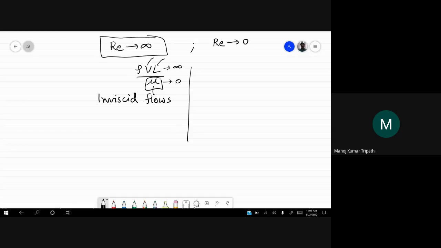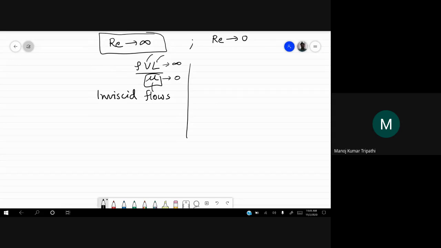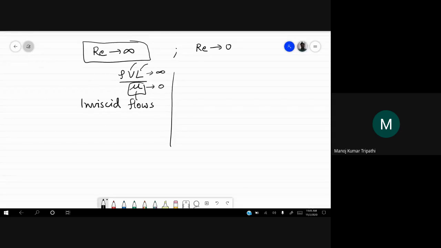Inviscid means non-viscous, which have zero viscosity essentially. Inviscid fluids are also known as ideal fluids, which have zero viscosity. In reality, there are no such fluids, so this may be an approximation that we can use.